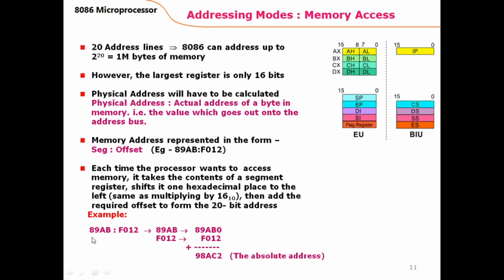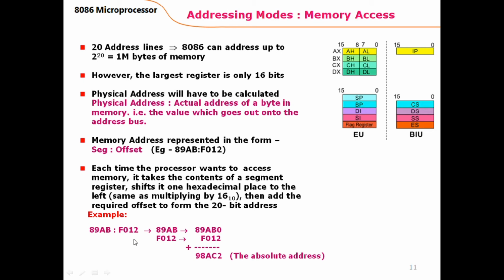For example, if the memory address is represented in this format, where the first 16 bits represent the segment number and the other 16 bits are the offset, then first the segment number, which is 89AB, is left shifted by 1 hexadecimal place, and that means a 0 is introduced at the right, the least significant nibble position.